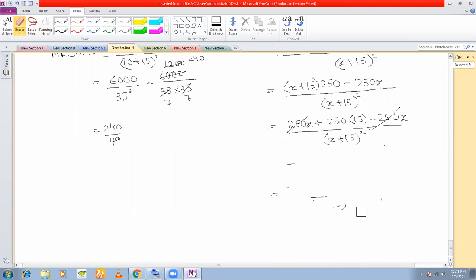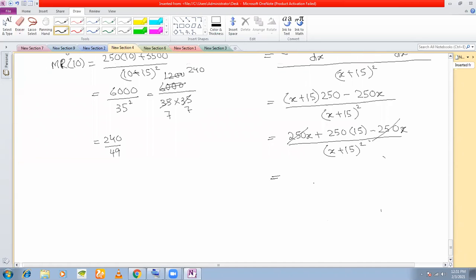your marginal revenue function as 3,500 (250 into 15 is 3,500) divided by x plus 15 square.